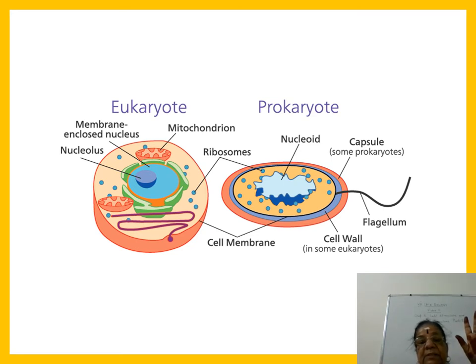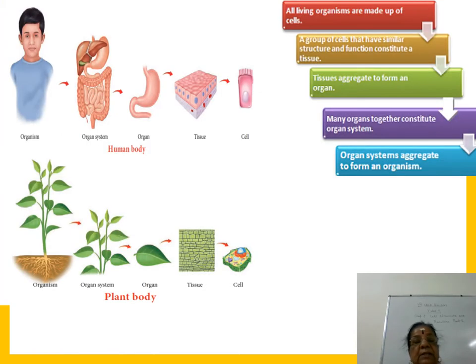And that genetic material is called the nucleoid or incipient nucleus. I hope you understand. So this is about prokaryotic and eukaryotic cells.